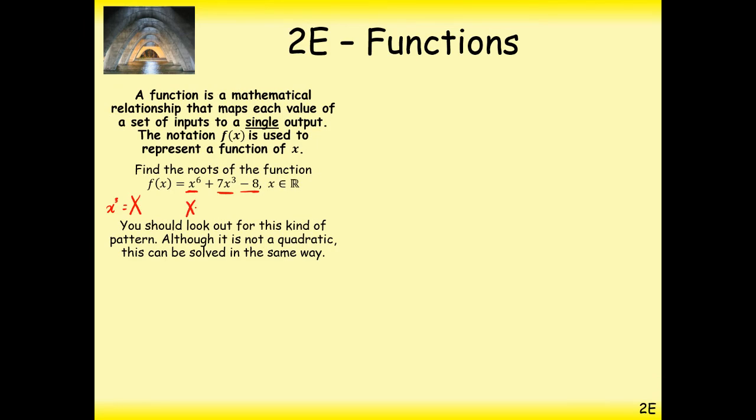So this can be written as X squared, because 6 is 3 times 2, right? So where I have x to the power of 6, that's really capital X squared, squaring both sides of this. And then I write 7 times capital X minus 8. I can factorize this equation here.